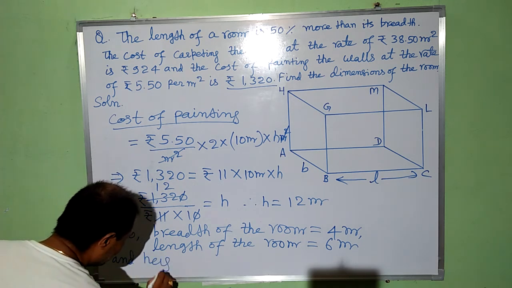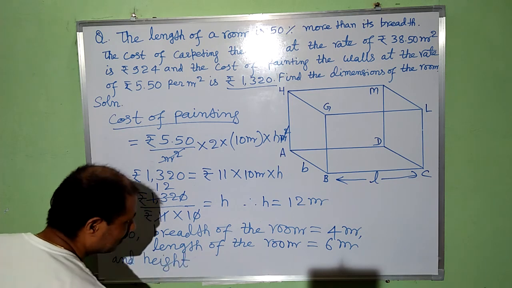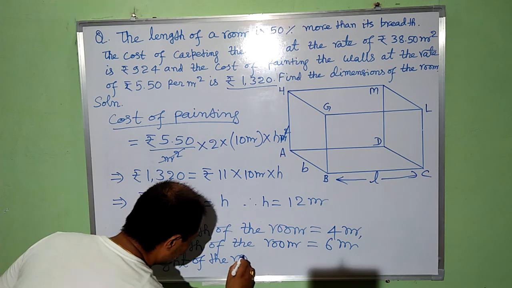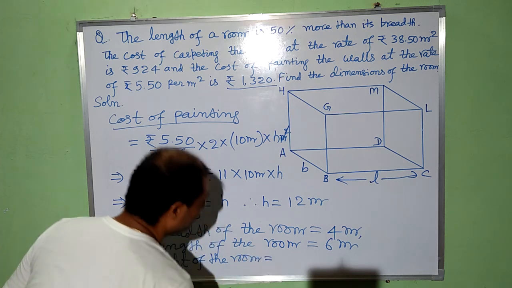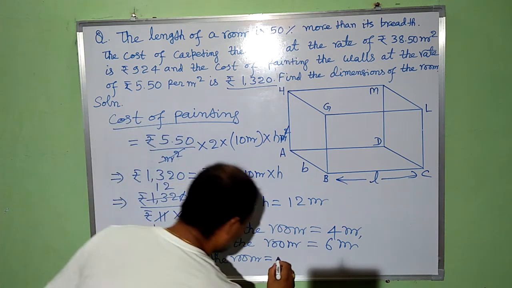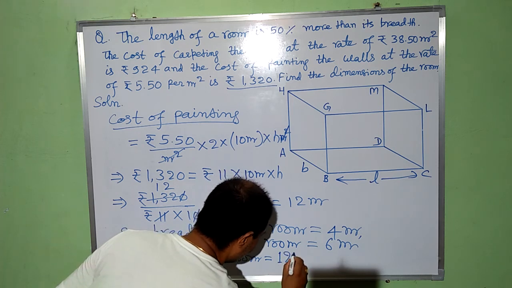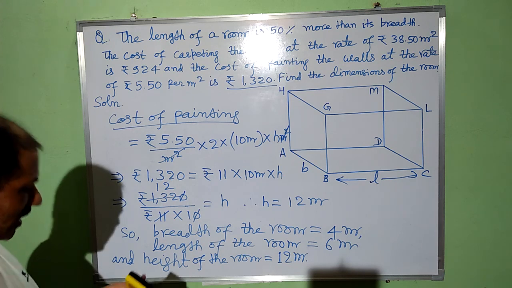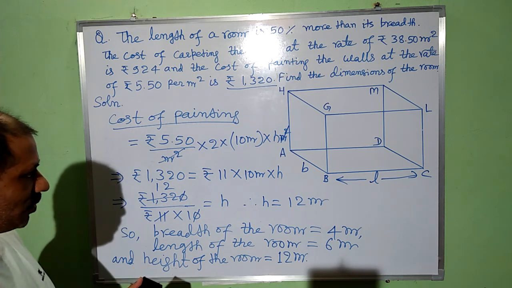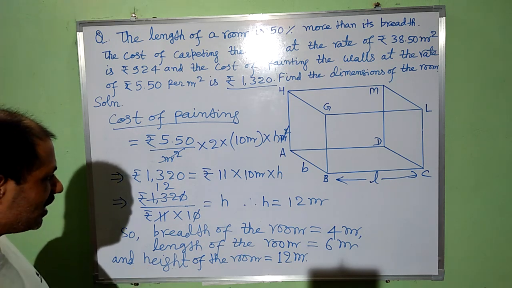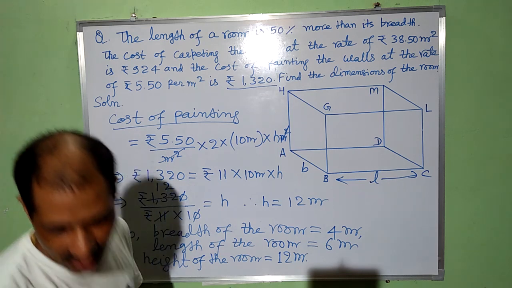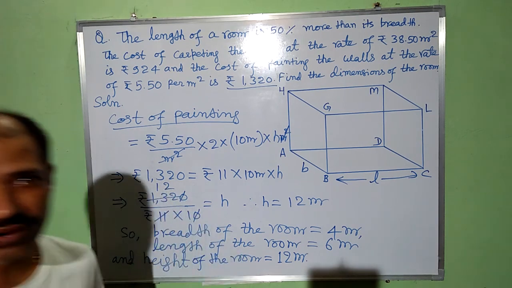And height of the room is equal to 12 meter obtained. In this way, all the three dimensions of the room are 4 meter, 6 meter and 12 meter. That's all. Thank you very much for watching.